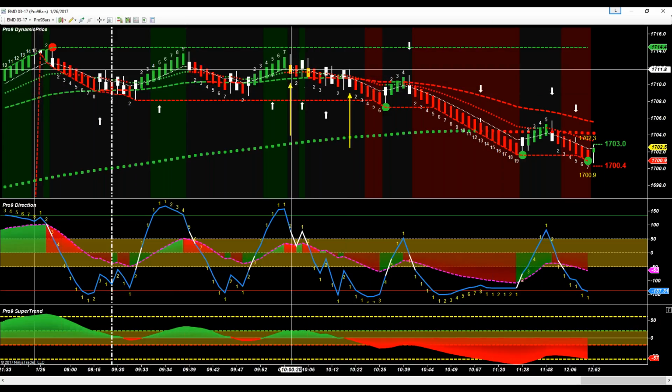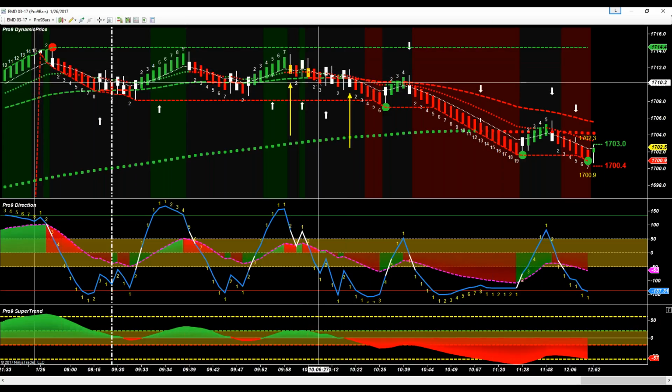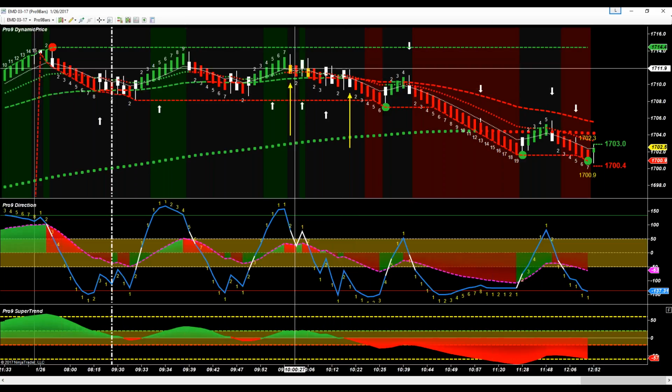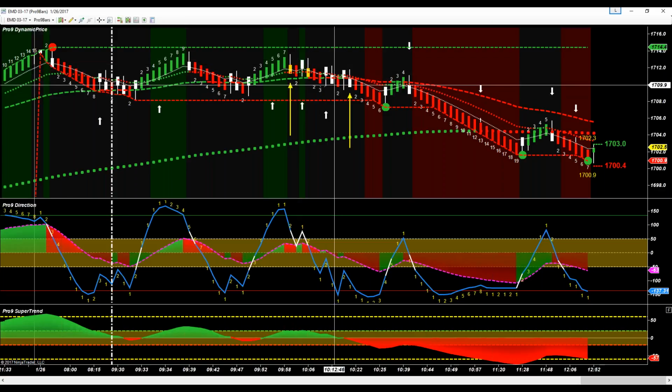So what is that telling us? That the price is just ping-ponging back and forth, and there's really not a lot going on. And there's not going to be good trade setups. Even if we see a qualified setup, it's likely too risky because we just haven't seen any decent moves.